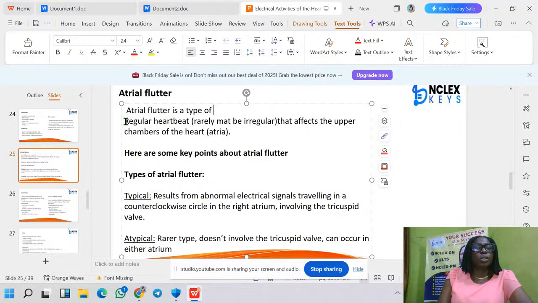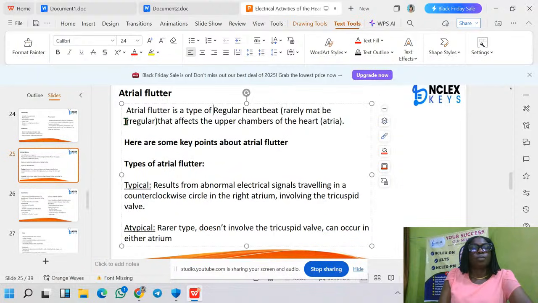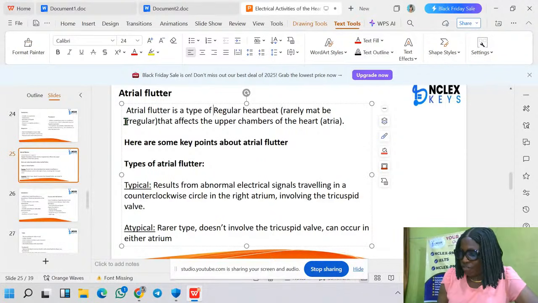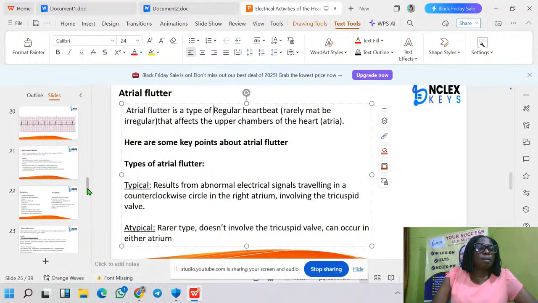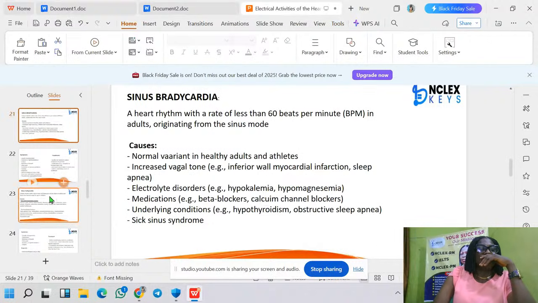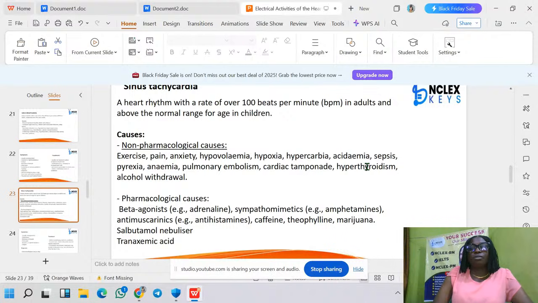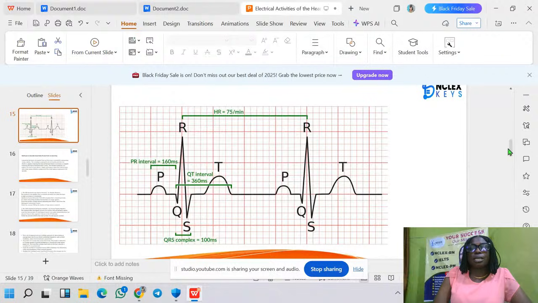Now let's go to atrial flutter. I told us we'll be talking about happenings around the atrium today. Okay, sorry, I've jumped this. There is also sinus tachycardia. As there is sinus bradycardia, there is sinus tachycardia.